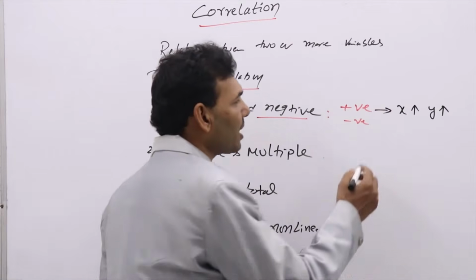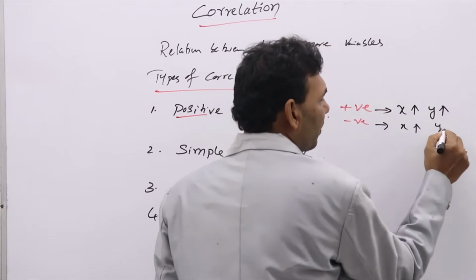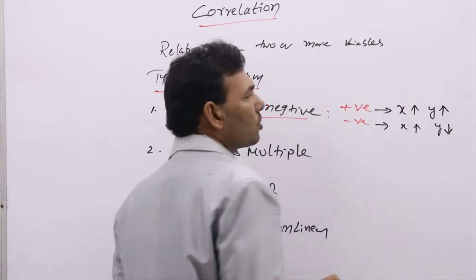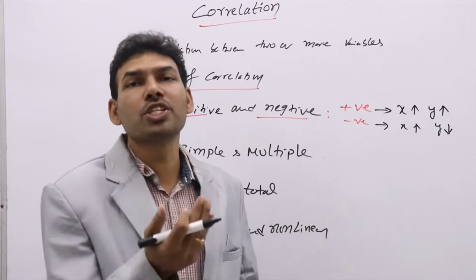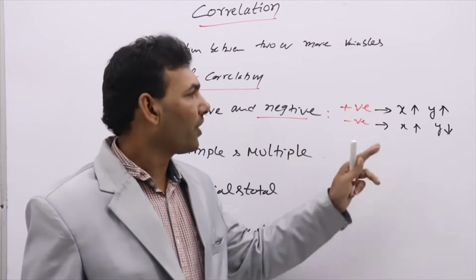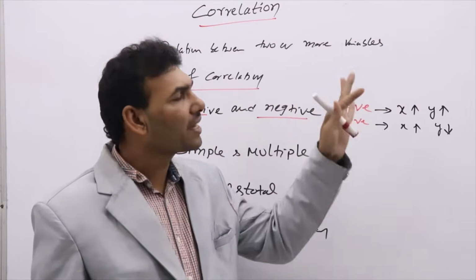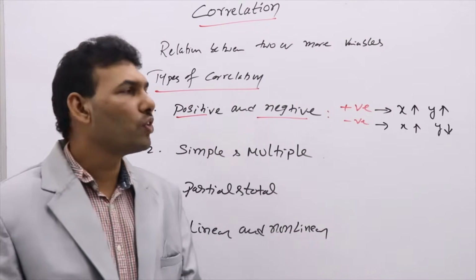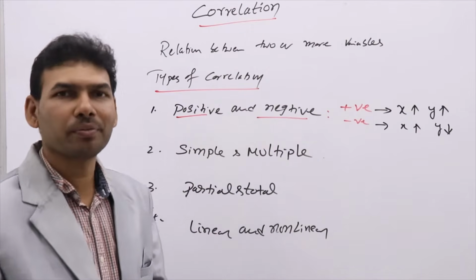So we can easily imagine what negative correlation is. The direction is the opposite direction. If x increases, y decreases. If x decreases, y increases. Then we say that x and y are negatively correlated.